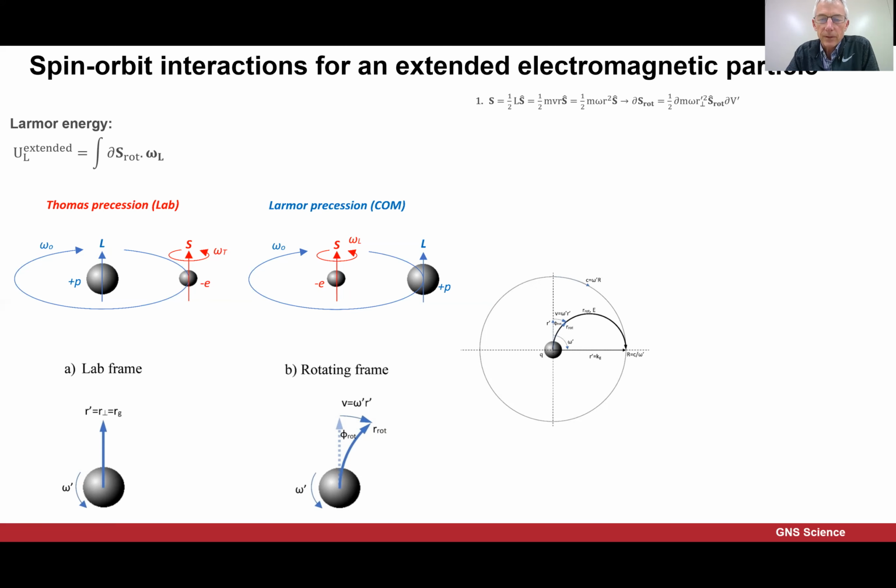So the spin elements that we need to incorporate in our equation: we know that the magnitude of the spin is half that of the angular spin.